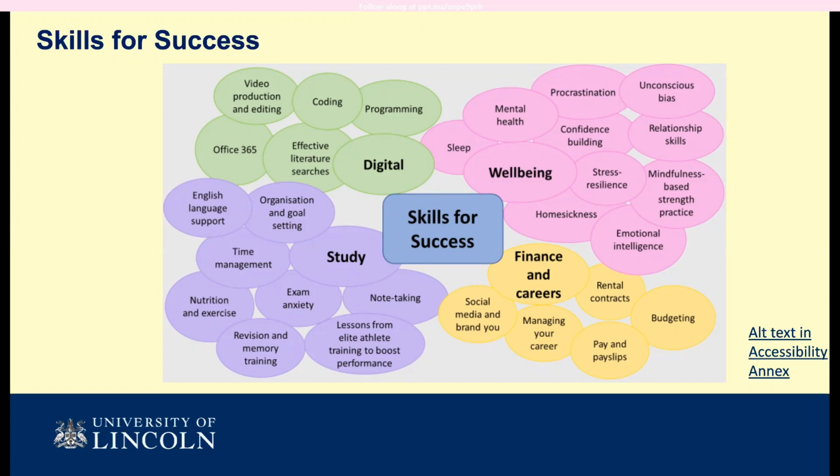It was things like digital literacy. So students, suddenly we call them digital natives, but just because they know how to use Snapchat doesn't mean that they know how to use the technology that we need them to. Relationship skills. Stress resilience is a huge one. You can see the things on the screen there.